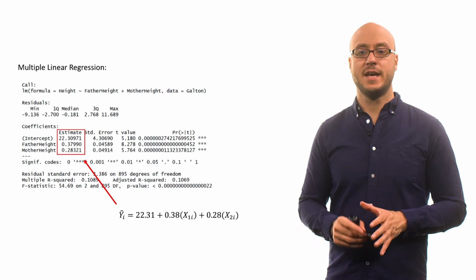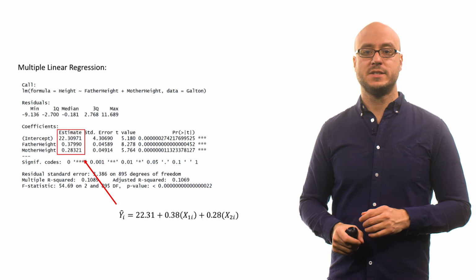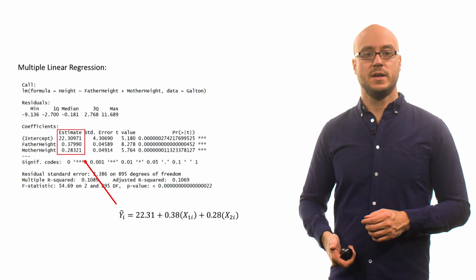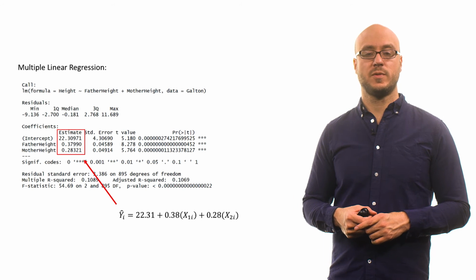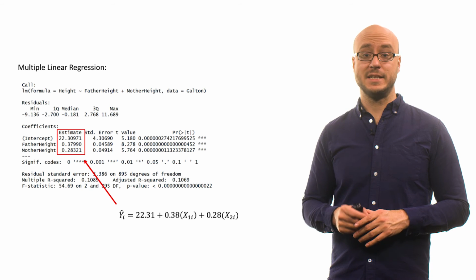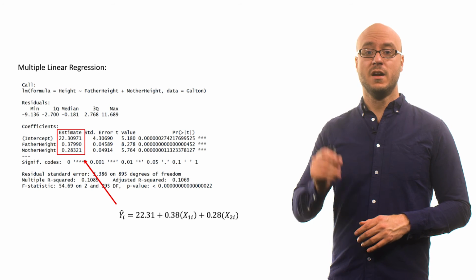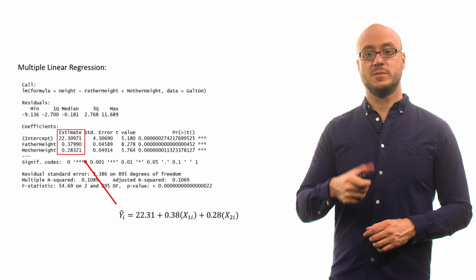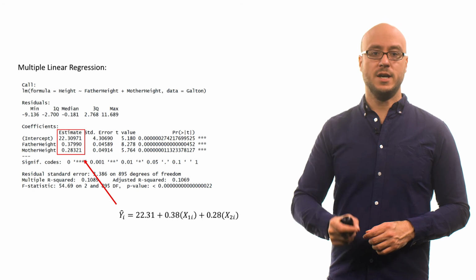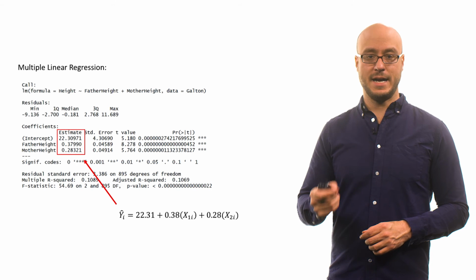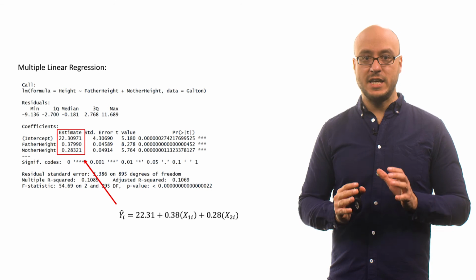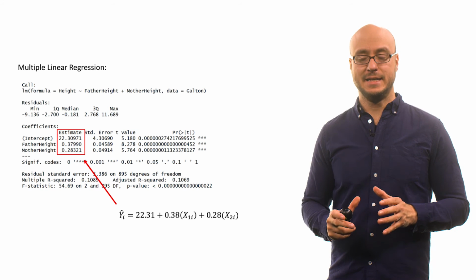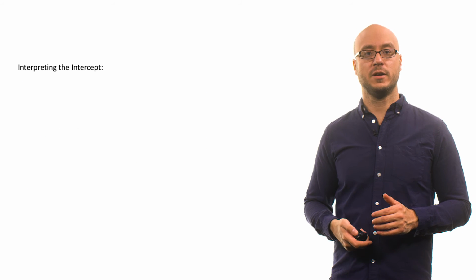It would be incorrect to say, for every 1 inch increase of your father's height, the height of children will increase by 0.38 inches. That's incorrect because that is not what it's telling us. It's telling us for every 1 inch increase of father's height, we expect the children's height to increase by 0.38 inches, holding constant or controlling for mother's height. It's key that you talk about the fact that you're controlling or holding constant this other variable.